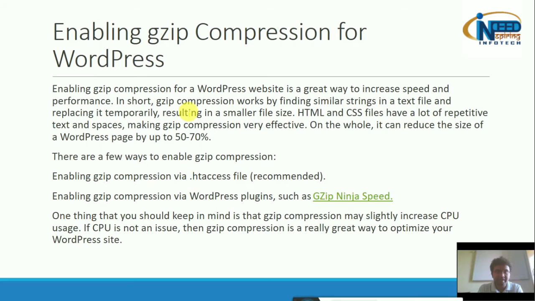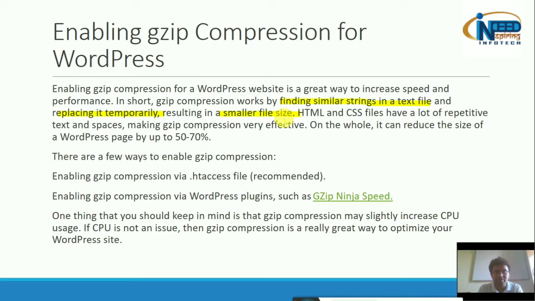Next is enabling Gzip compression for WordPress. This is another way to increase the speed and performance. What it does is find similar strings in a text file and replace them temporarily, resulting in a smaller file size.